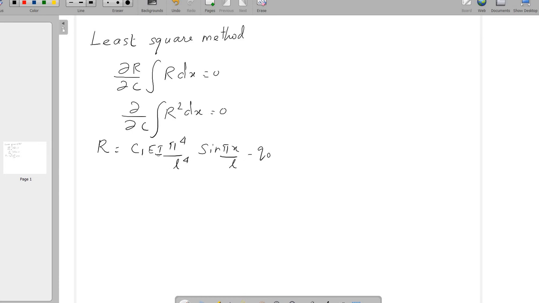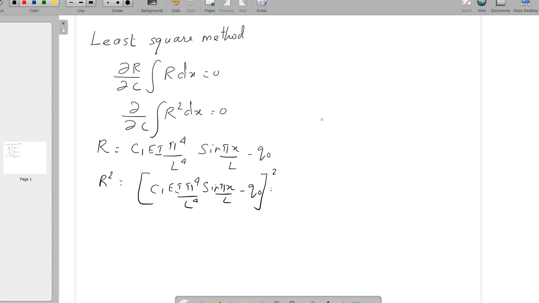So residual function is C1 EI pi power 4 by L power 4, where I am putting capital L, sin pi x by L minus Q naught. So we are going to square this form. R square is equal to C1 EI pi power 4 by L power 4 sin pi x by L minus Q naught, the whole square.